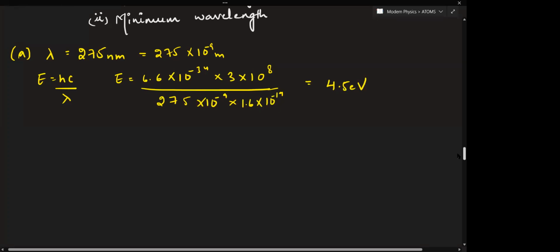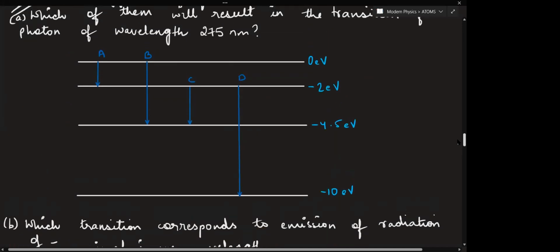Now see, look at the energy level diagram given. Which energy difference do you think will give us 4.5 electron volt? This is plus 4.5 electron volt that we are getting. This is 0 electron volt. This is minus 2. This is minus 4.